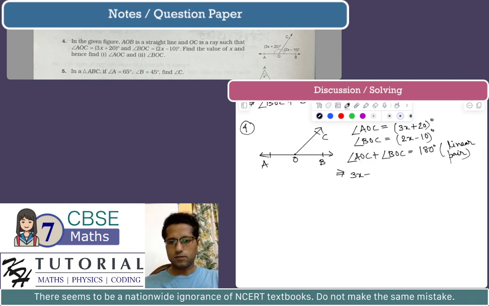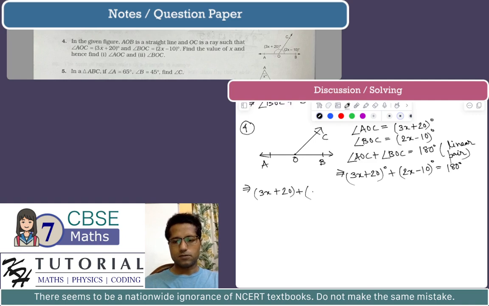3x plus 20 degree plus 2x minus 10 degree is equal to 180 degree. Now we can ignore the degrees and say 3x plus 20 plus 2x minus 10 is equal to 180.